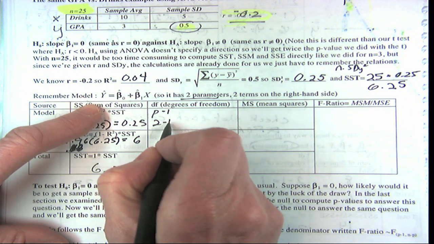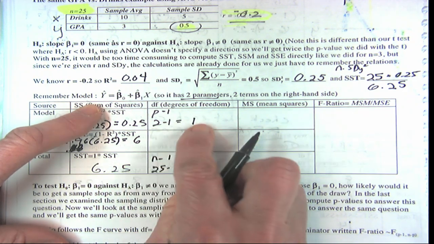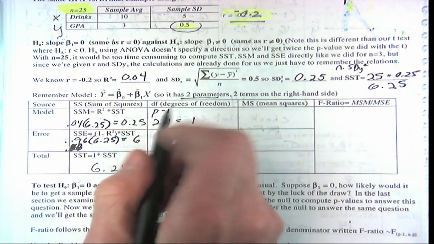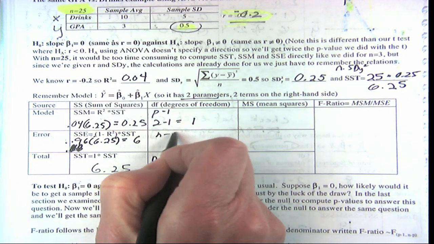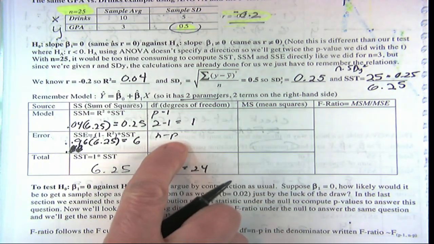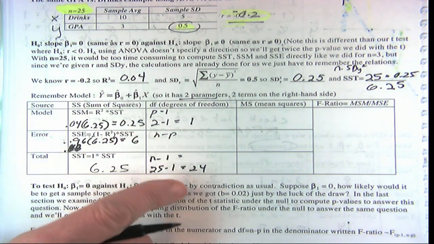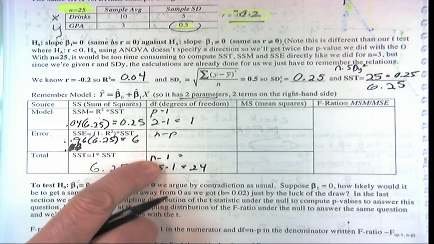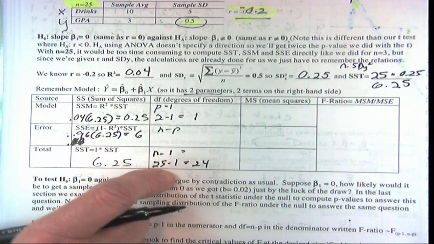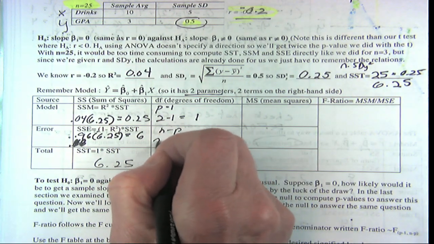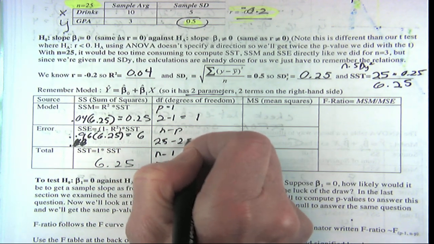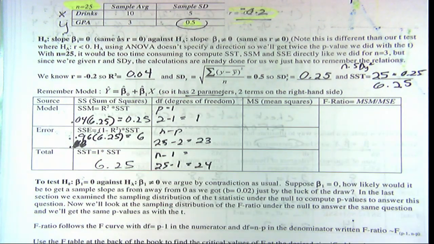So that's 2 minus 1, which is equal to 1 degree of freedom for the model, and n minus p for the errors. P minus 1 and n minus p add up to n minus 1. So this is just 25 minus 2, and that's 23, and they add up.